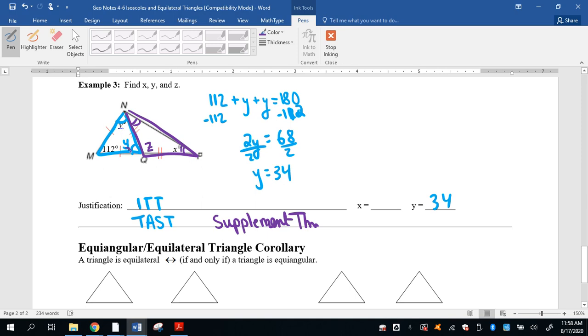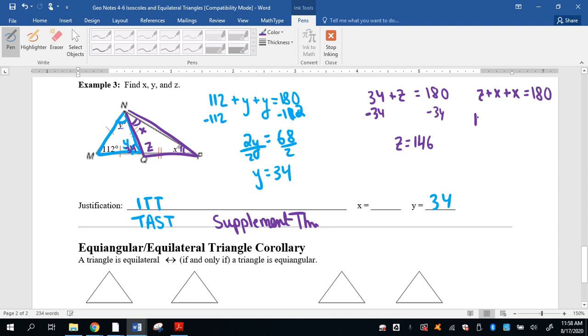Since y is 34, we know that 34 plus z equals 180. Subtract 34 from both sides, so we get 146. Now we know by the isosceles triangle theorem that this is also x, those base angles. So z plus x plus x by the triangle angle sum theorem is 180.